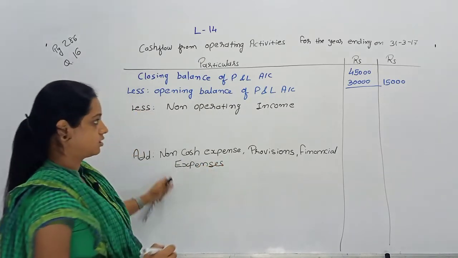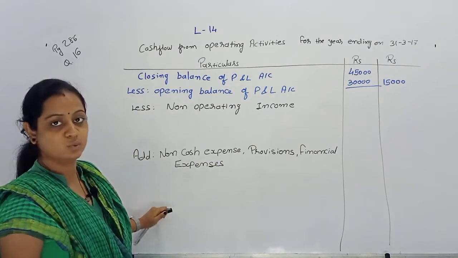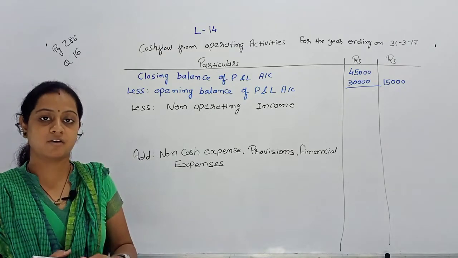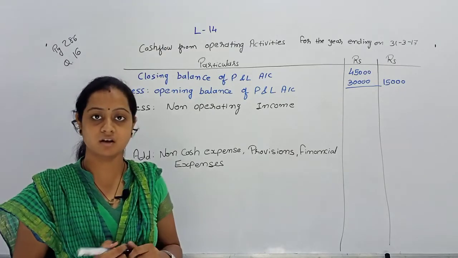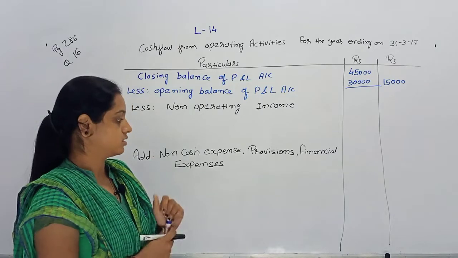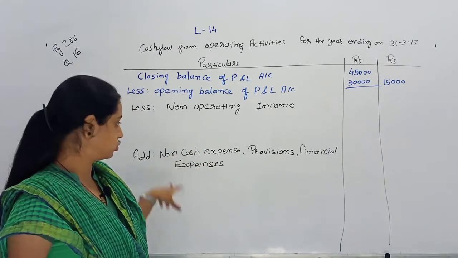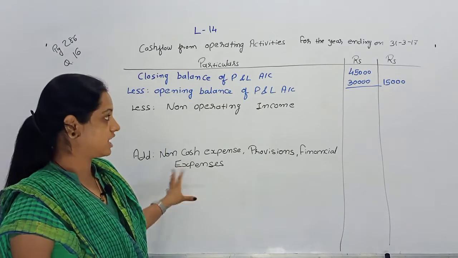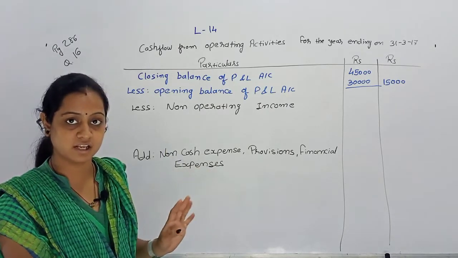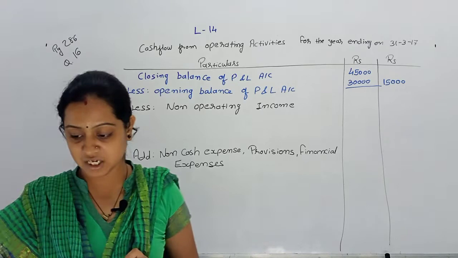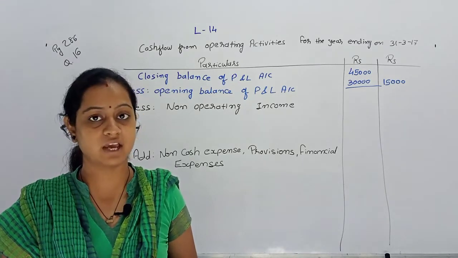Right? After adding this, we'll get the answer of profit before changes in working capital. Okay? So, right now I can cover this 2 points. Right? Then I will drop and do next calculation. So, first information, P&L account that we have completed.